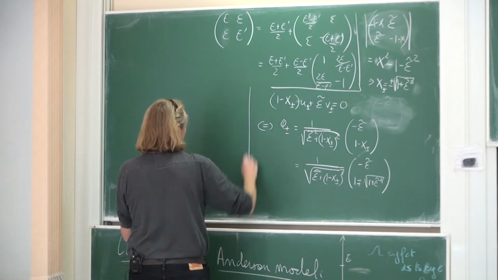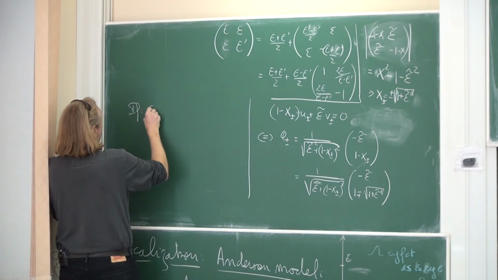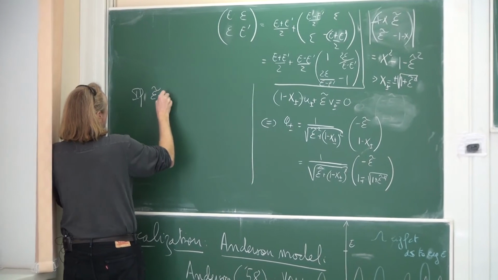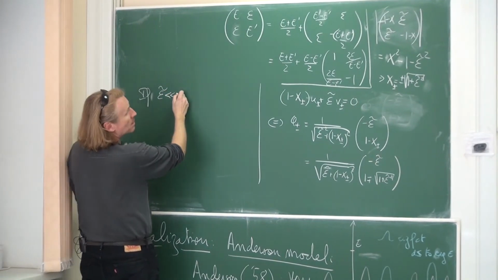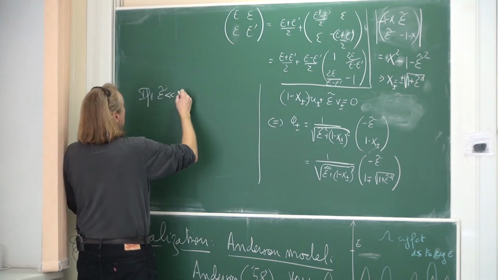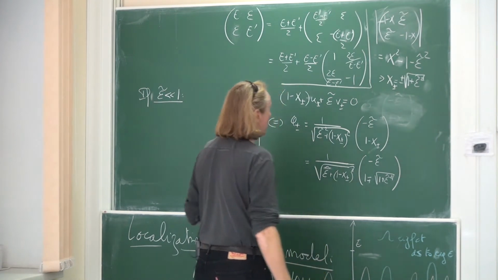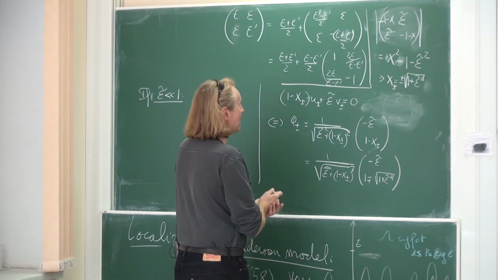So let me assume that epsilon tilde is positive and much smaller than 1. If epsilon tilde is much smaller than 1, then what do we get?